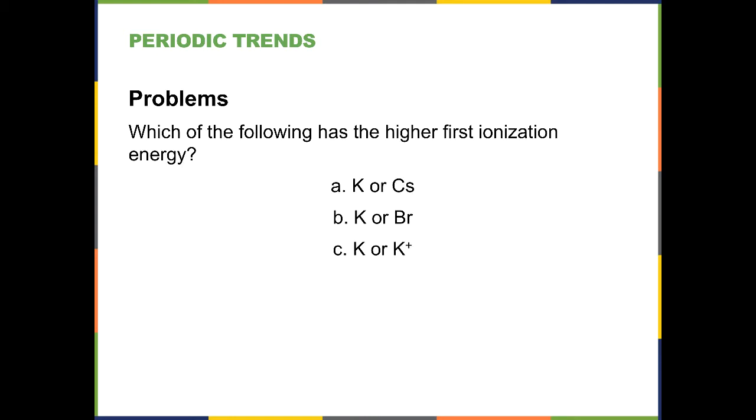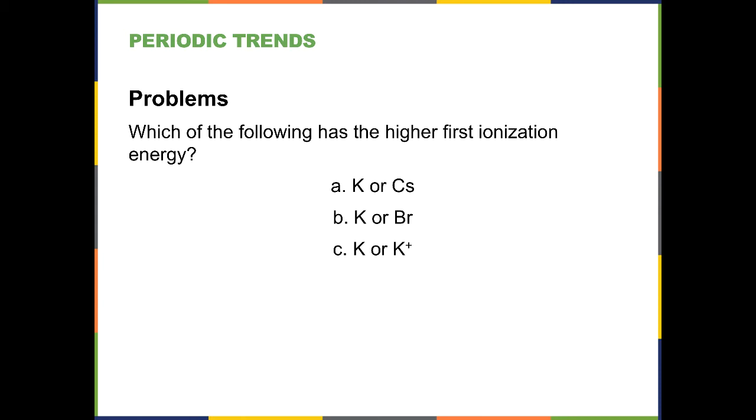So let's take a look at this and see what our answers are. We're looking at the same 3 examples as we looked at previously. Which one has the higher first ionization energy, potassium or cesium?